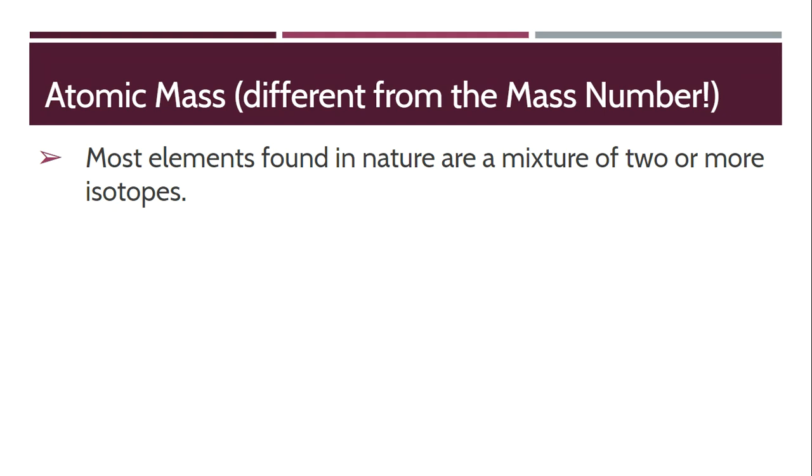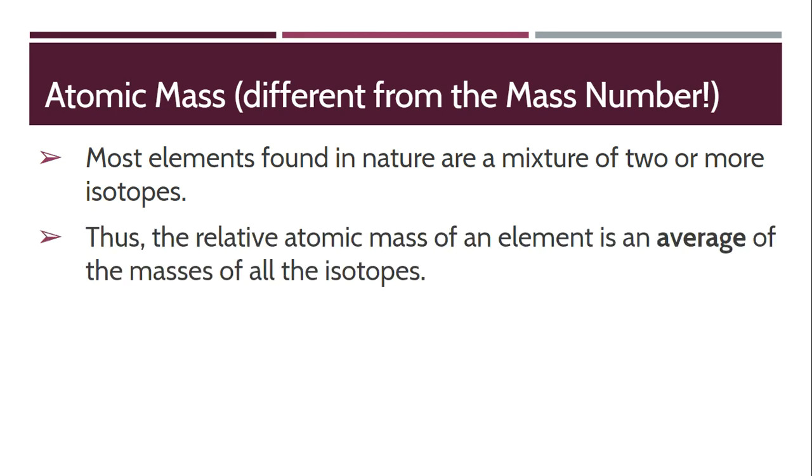When you have an element in nature, it is generally a mixture of two or more isotopes. So recall that isotopes are versions of an element that have different numbers of neutrons. So the relative atomic mass for an element is an average of the masses of all the isotopes that exist.